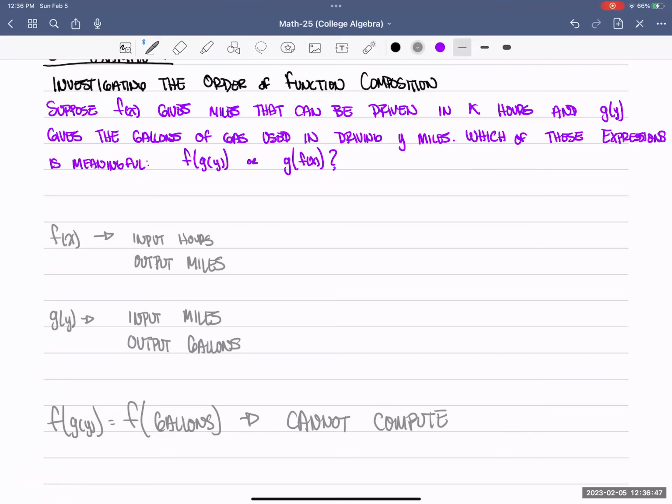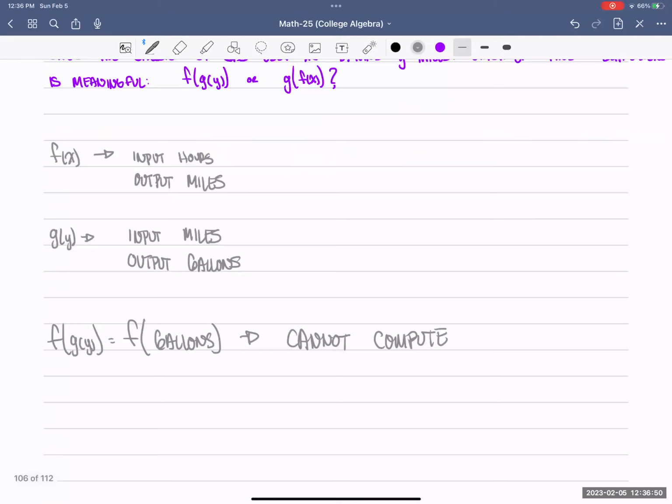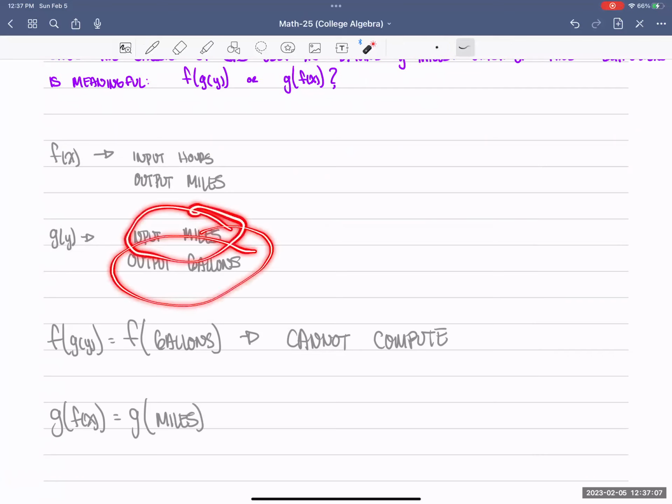But now let's look at the opposite, g of f of x. f of x outputs miles, which is exactly what we need to input in order to output gallons.